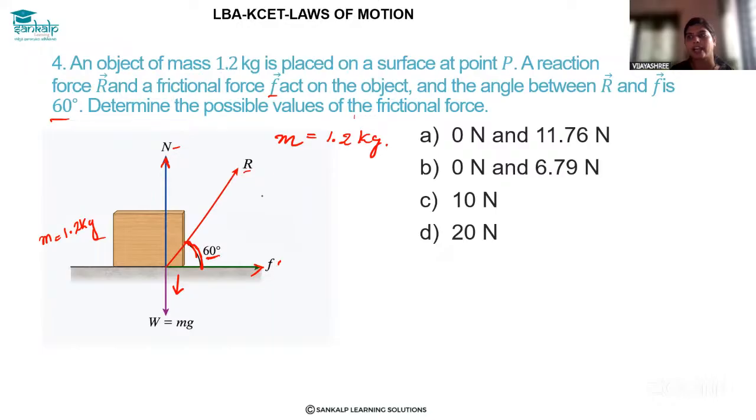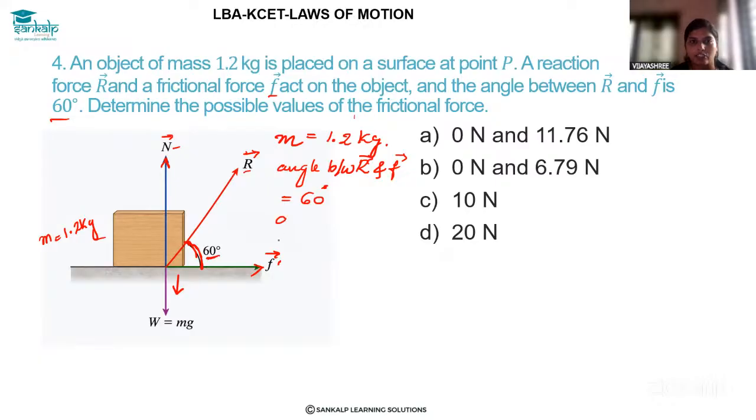The angle between the reaction force and frictional force is theta, equal to 60 degree, the angle between vector R and vector F. This is vector F, this is vector R, this is vector N.